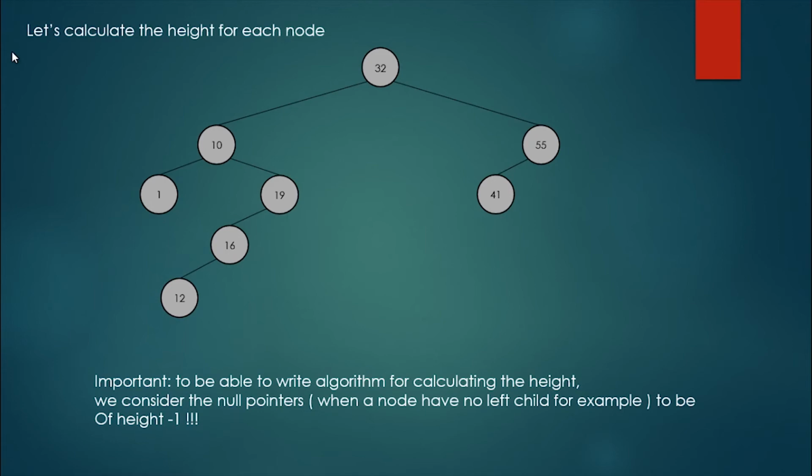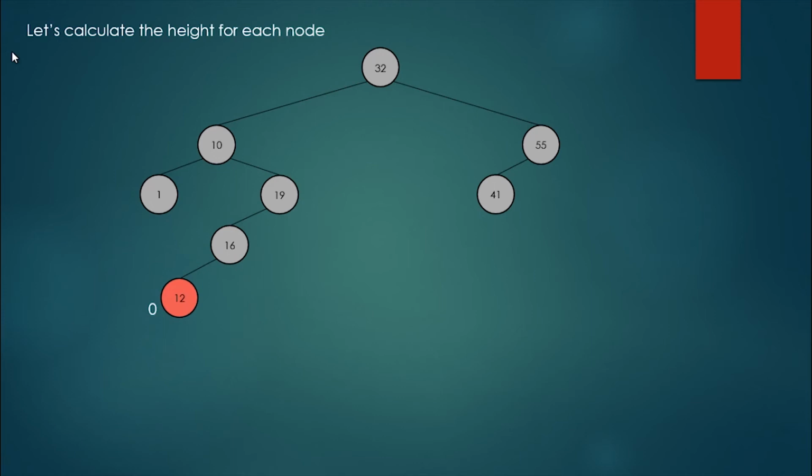The node 41 doesn't have any children at all, so we consider its left child to be a node with height -1 and the right child a node with height -1, and it's going to be consistent. Because 12 is a leaf node, its height is equal to 0. Then we go upwards until we meet the root node.